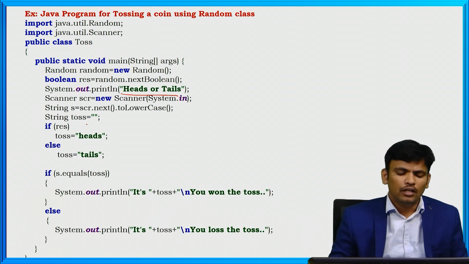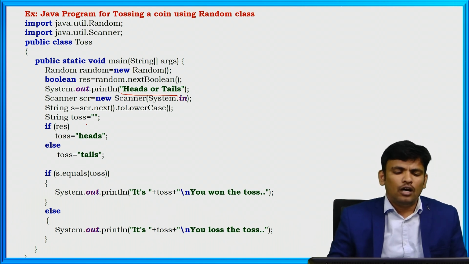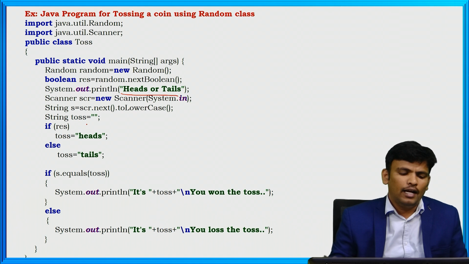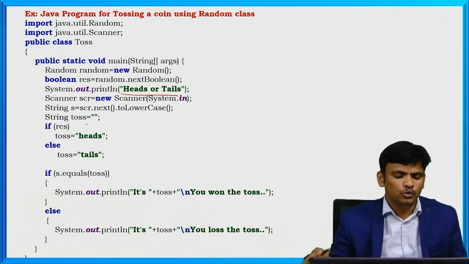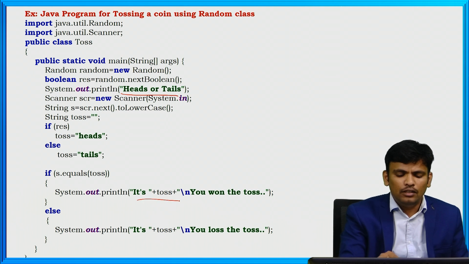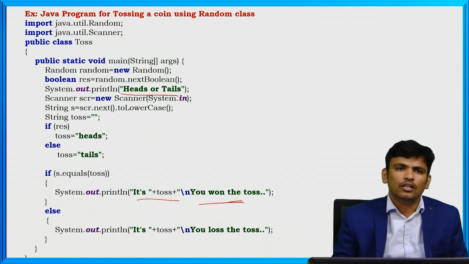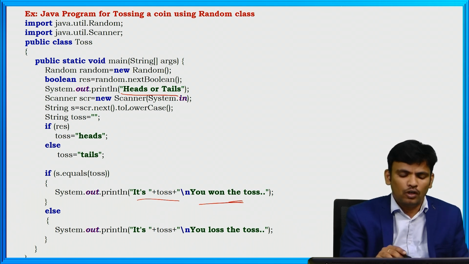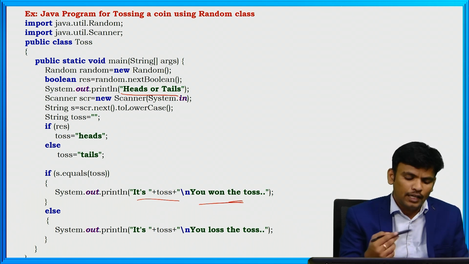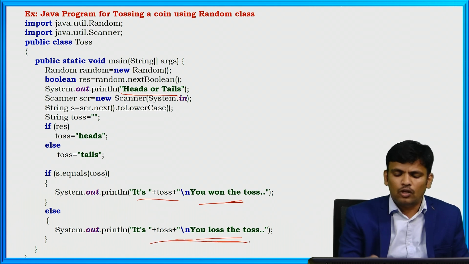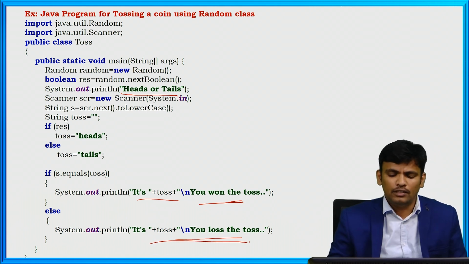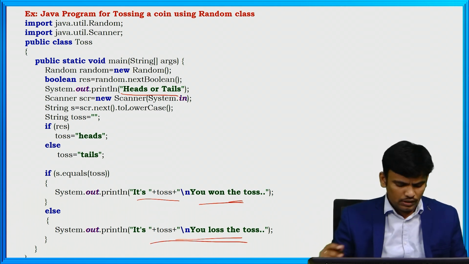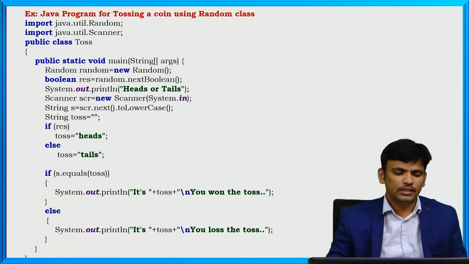If the user's choice is heads and the Random class also generates heads, the user wins, and you can see it's a toss win. If the user's choice is tails and the Random class generates heads, this option will be executed: it's heads, you lost the toss. So this is the simple application. Now I'm going to develop this simple application.